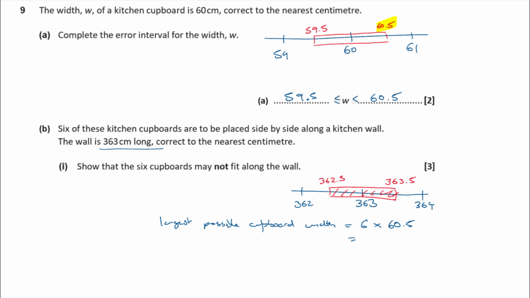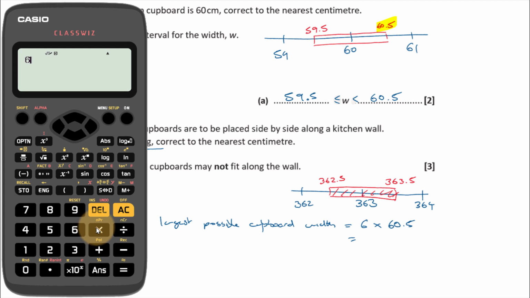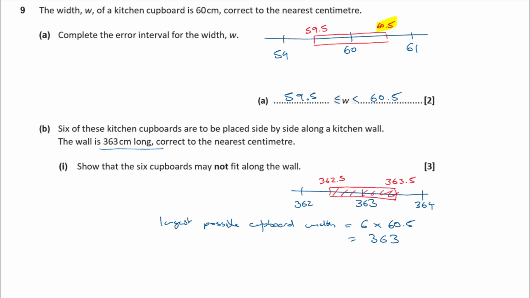So that means the cupboards could be as much as 6 times 60.5, or just a smidgen under. That comes out to be 363. Okay, and then if we compare that with the smallest possible size of the wall, which is 362.5, then we can see that one is bigger than the other, and it might not actually fit.